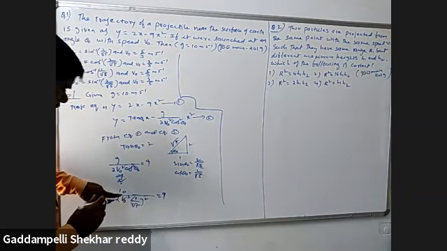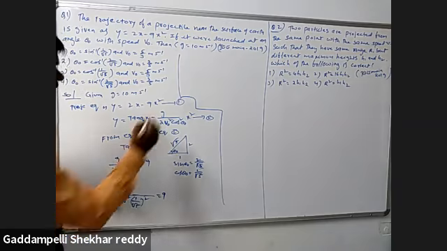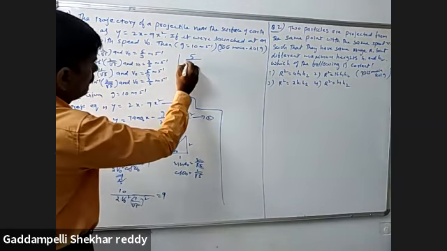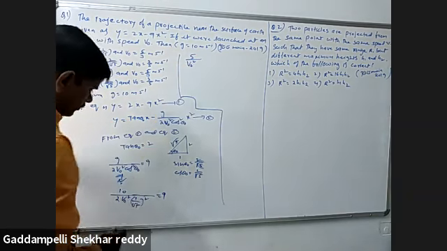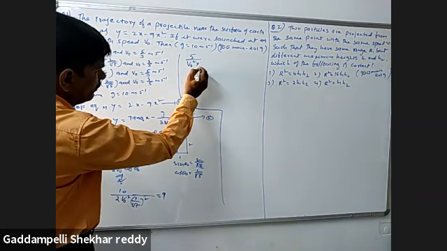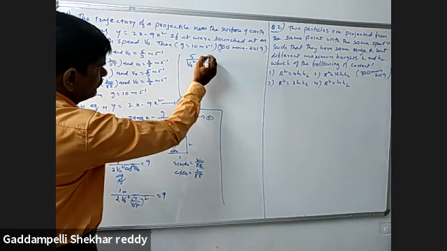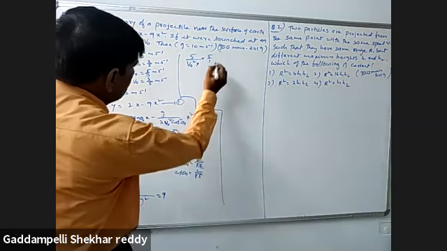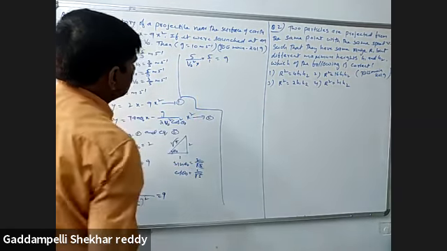Numerator 10, denominator 2 gives 5, divided by v naught square times 1 by root 5 whole square, that is 1 by 5, so 5 by 1, is equal to 9.